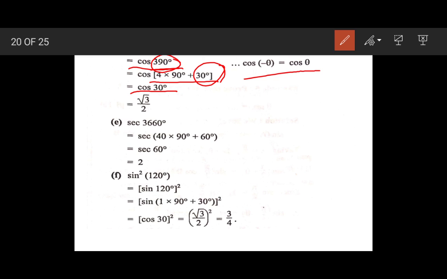Why cos 30 degree? Because n is equal to 4, which means n is an even number. In the previous video we had seen that if n is an even number, then cos will convert into cos only.